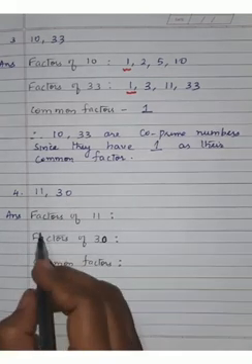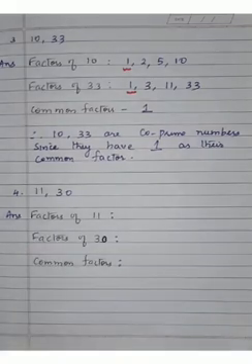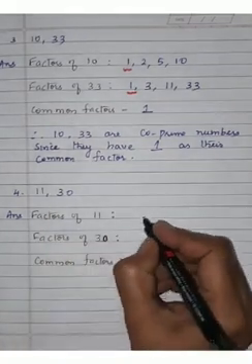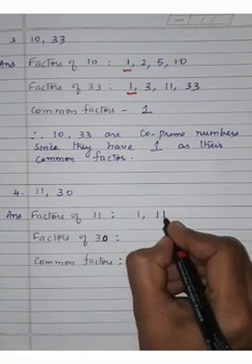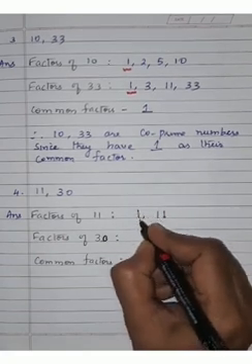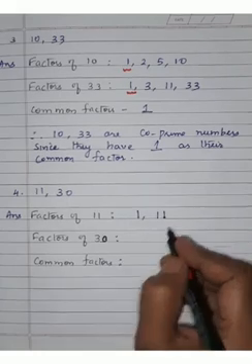Now students, our fourth sub question is we have to find whether 11 and 30 are co-primes or not. So we will start the answer with factors of 11. It comes in the 1 table and in the 11 table.